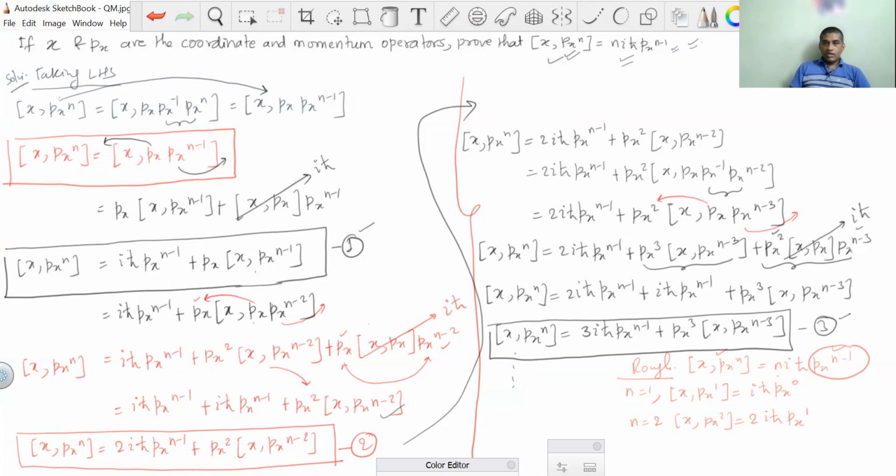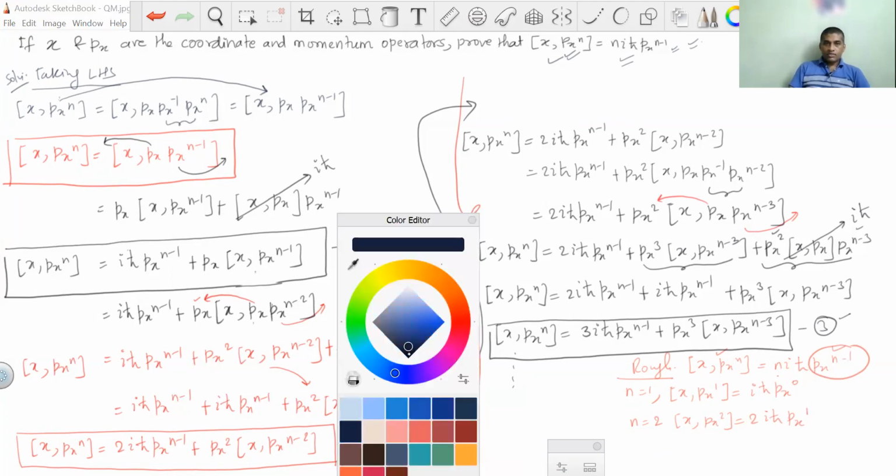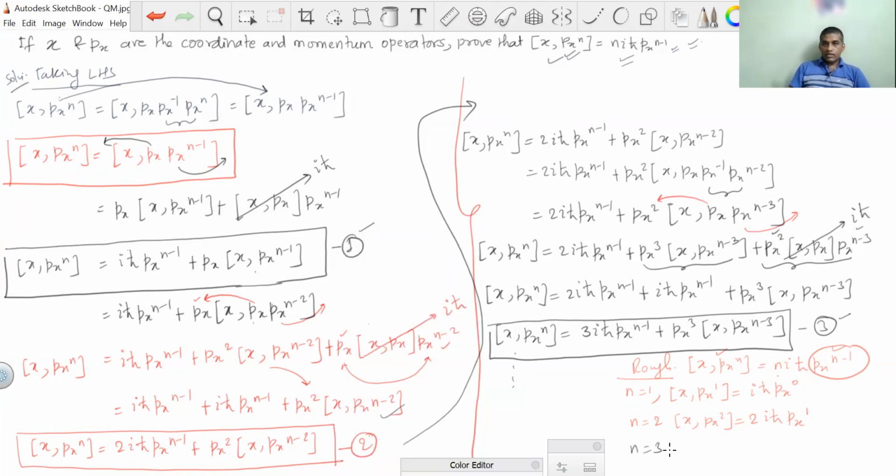Now let us take n equals 3. So we can write commutation of x px power 3 equals 3iħ px power 3 minus 1.